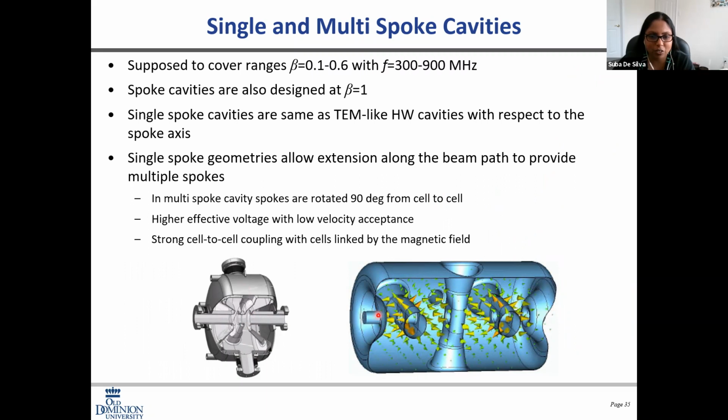But this allows you to do multiple gaps easily, because you can put a cylinder in this way and you can have more spokes, each rotated by 90 degrees from the previous one, and you can have a higher effective voltage across the gaps, with very strong cell-to-cell coupling. So that's the advantage of going to spoke cavities compared to using many half-wave cavities.